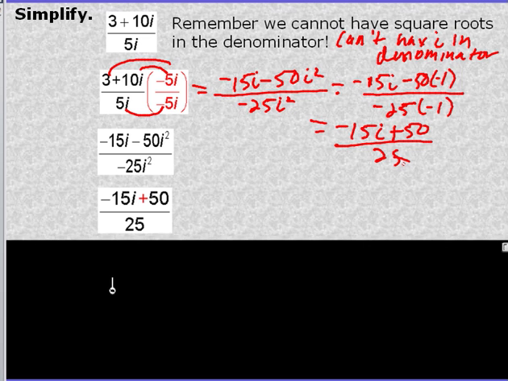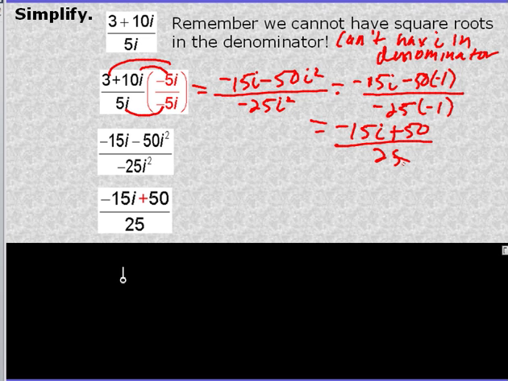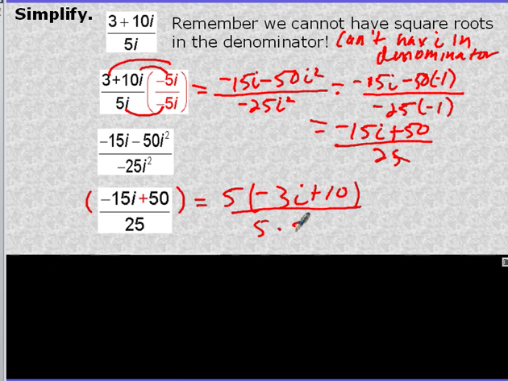We can actually factor 5 out of all of this. So this is going to be 5 times negative 3i plus 10 over 5 times 5.